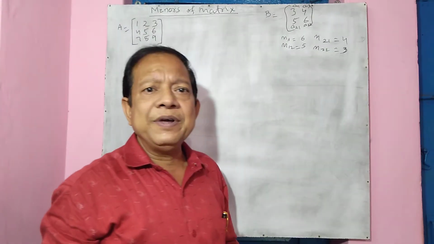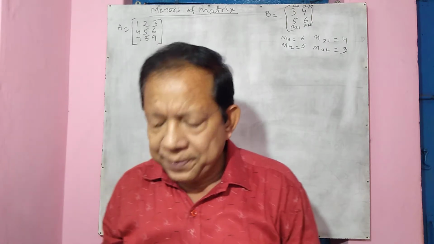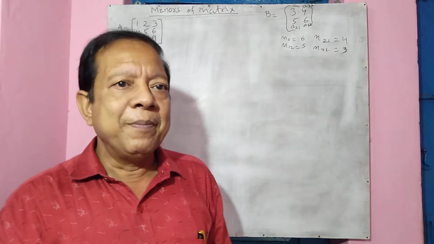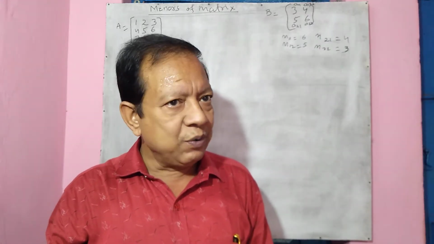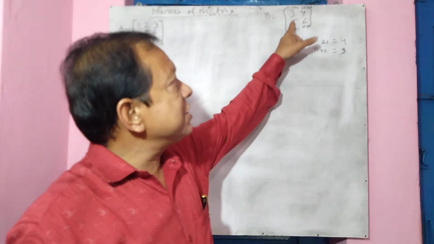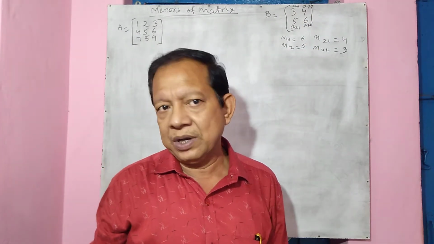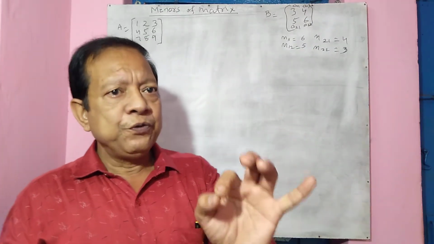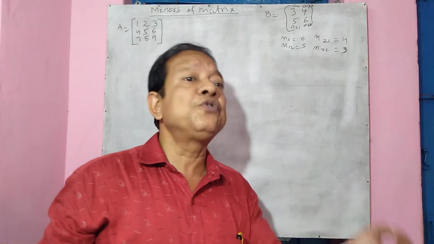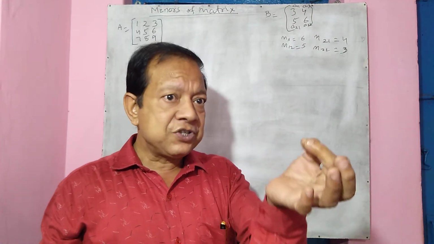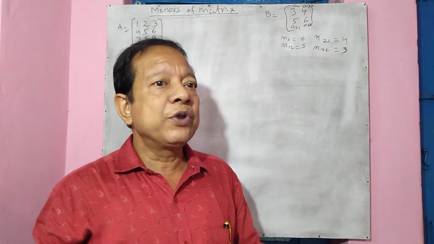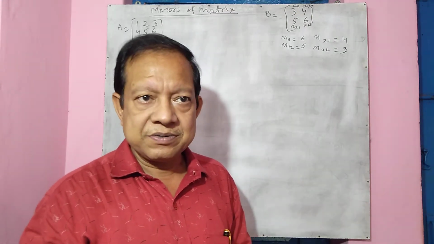So this is very simple. We can know that in a 2 into 2 matrix, the minors can be easily calculated, because here the minors are just the opposites in the diagonal. Now if we talk of a 3 into 3 matrix, a matrix of the third order, then how can you find out the minors?